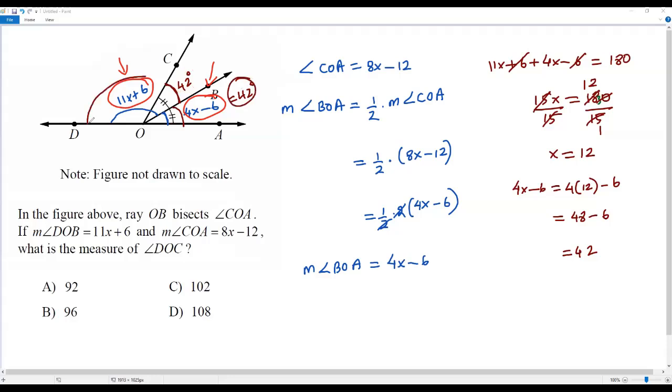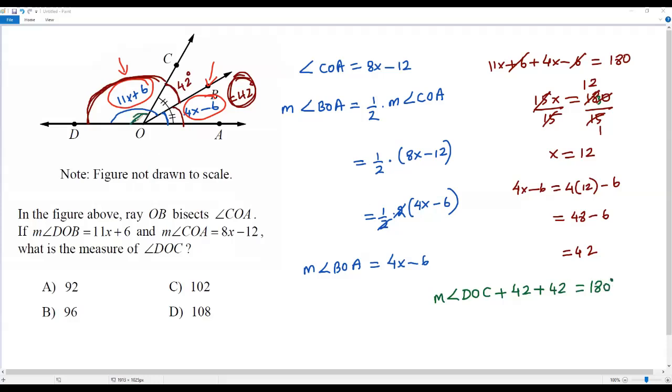But my aim is to find the measure of angle DOC. So here the measure of angle DOC and this 42 degrees and this 42 degrees, these three angles together form a straight angle. So these three angles must add up to 180 degrees. So the measure of angle DOC + 42 degrees + 42 degrees equals 180 degrees.